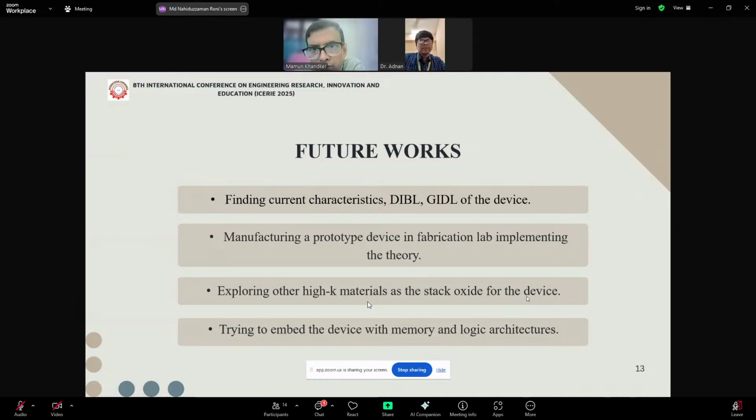In this paper we only worked with electrostatics, but there are other areas of work like current characteristics, DIBL, GIDL. Then we can also fabricate the device in a fabrication lab, and we can also obtain values for other high K materials for stack oxide.